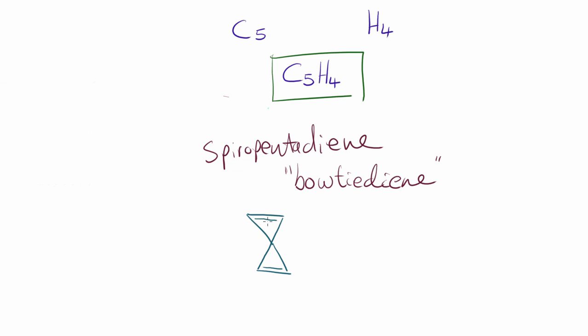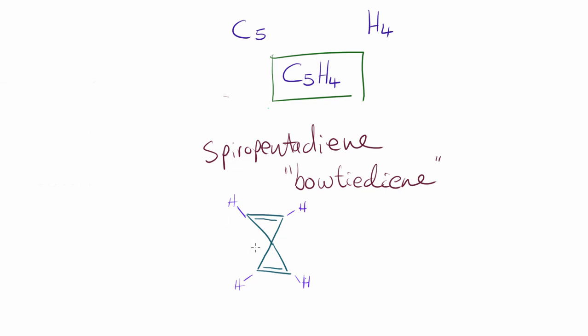And here there's the double bond, so each of these carbons already has 3 bonds. So in terms of the hydrogens, you're going to have only 4 hydrogens, which corresponds: C5, 1, 2, 3, 4, 5, H4, 1, 2, 3, 4.